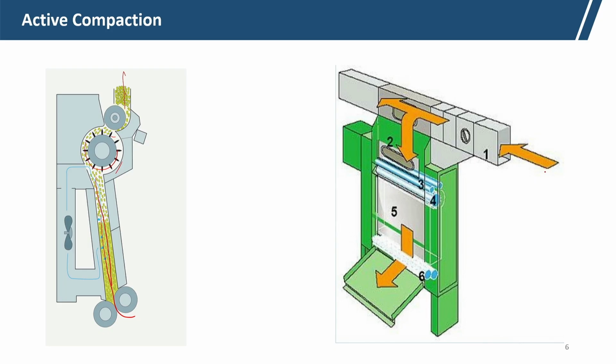You can see this is the fiber fed through the duct. This is the air duct, and fibers are coming, and the required fibers are coming into this carding, and the remaining fibers are going to the next machine.